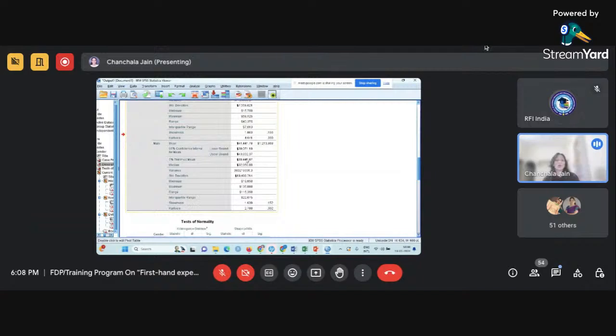Yeah. So now we are looking at the median figure and the mean value. We can check there is a difference in these figures. According to the characteristics of the normal distribution, there is a problem in the normality somewhere if we are talking about mean and median. Similarly, looking at the skewness figure and the kurtosis.